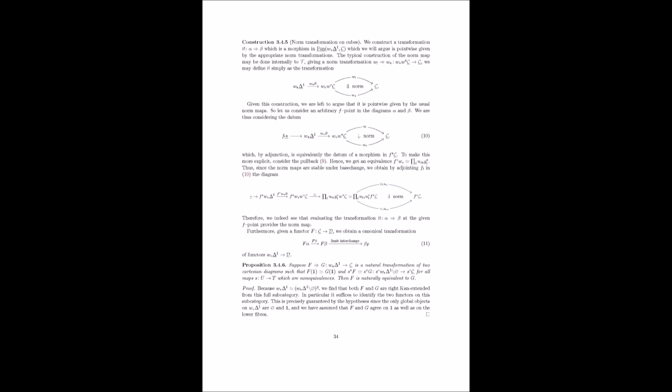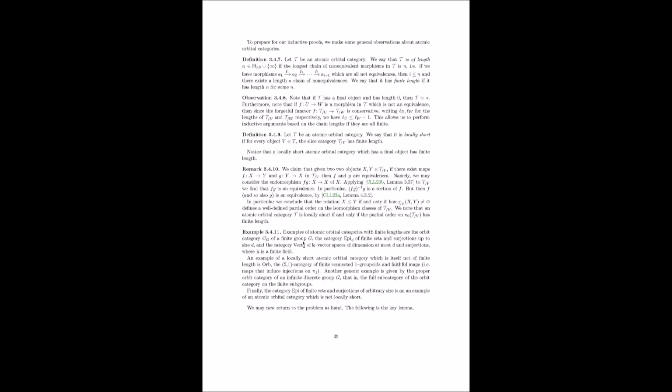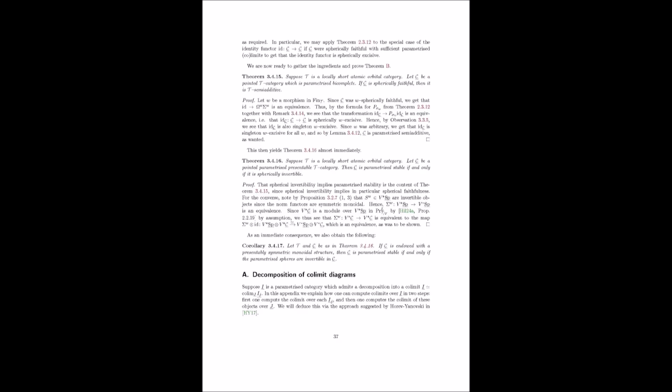What's next? Before we dive into those proofs, we need to introduce some terminology for atomic orbital categories that will make our lives easier. We say an atomic orbital category T has length N if the longest chain of non-equivalent morphisms in T is of length N. If T has length N for some finite N, then we say it has finite length.